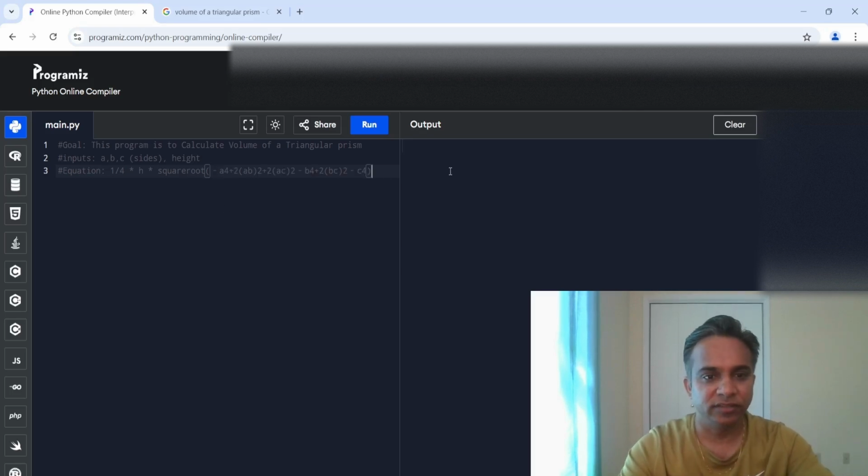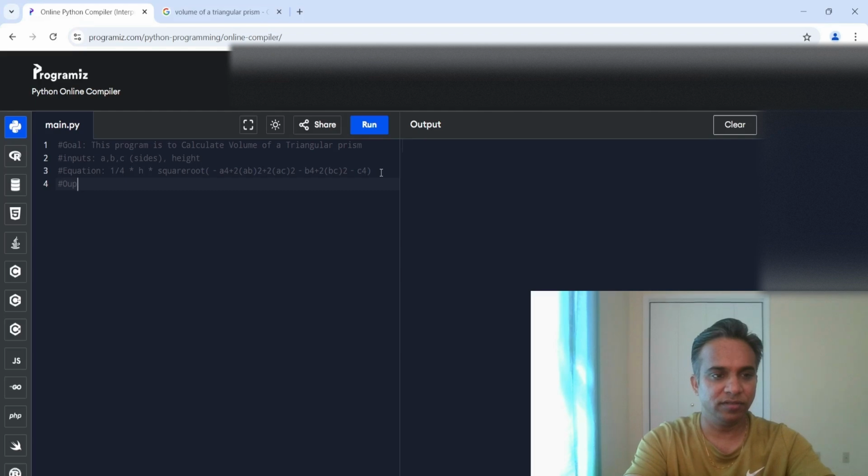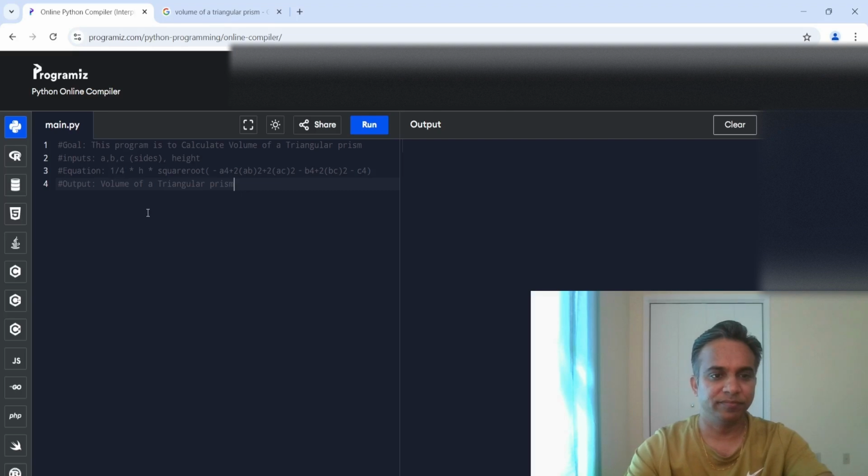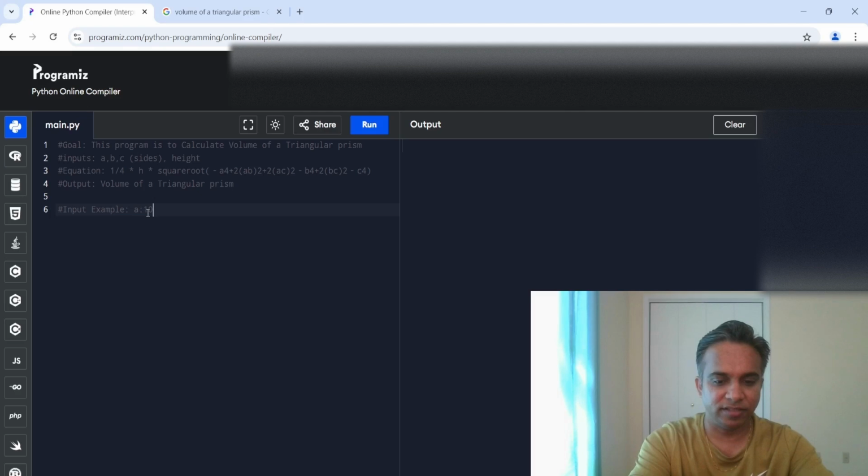Okay, so this is the equation, and then we have the output, which is the volume of the prism. For example, let's say A is 10, B is 20, C is 30 and H is 40.